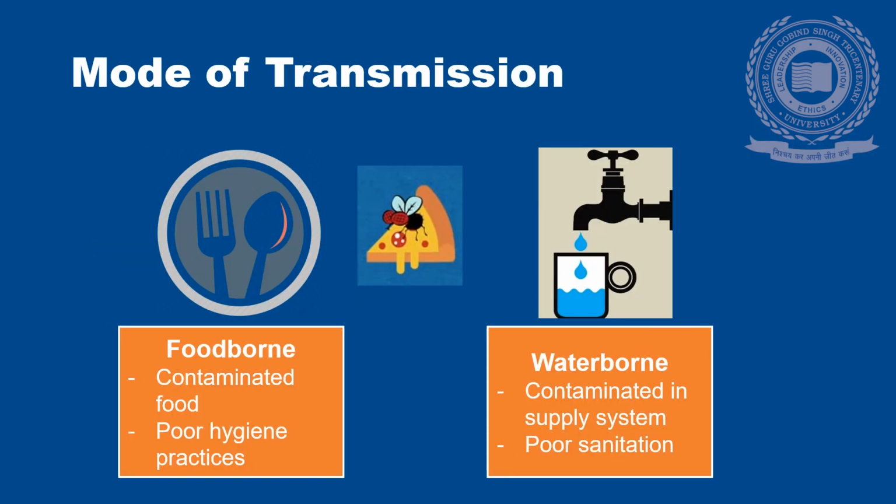The mode of transmission of this virus is mainly fecal-oral, which includes foodborne as well as waterborne. Foodborne contamination occurs due to poor hygienic practices and waterborne contamination of the water system due to poor sanitation.